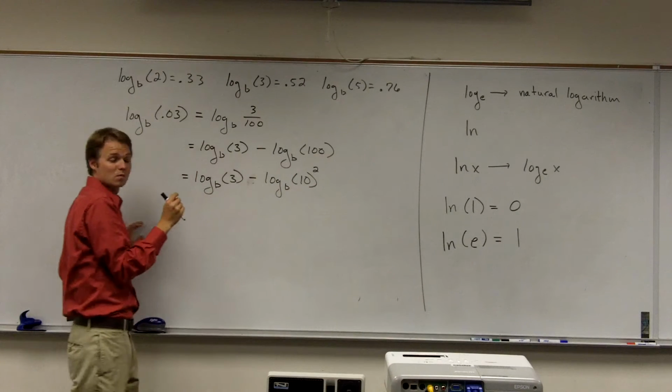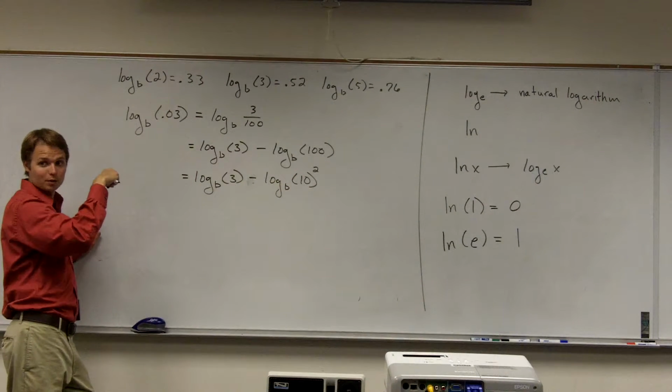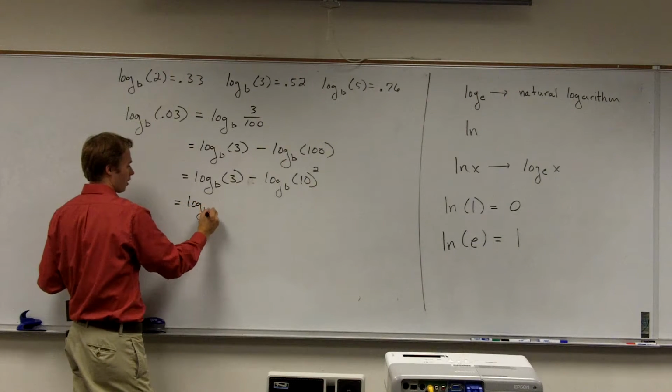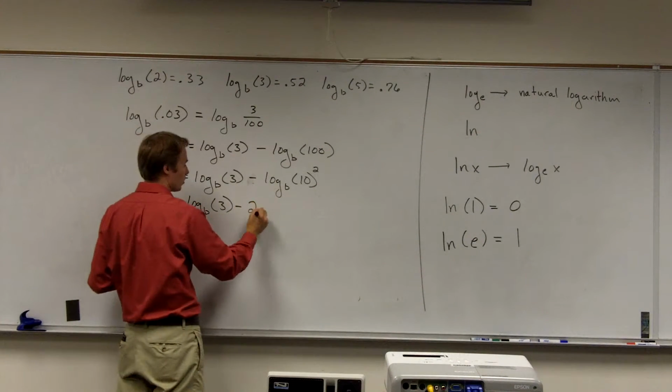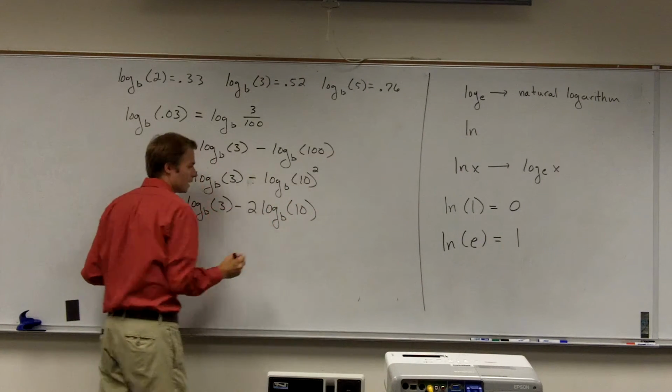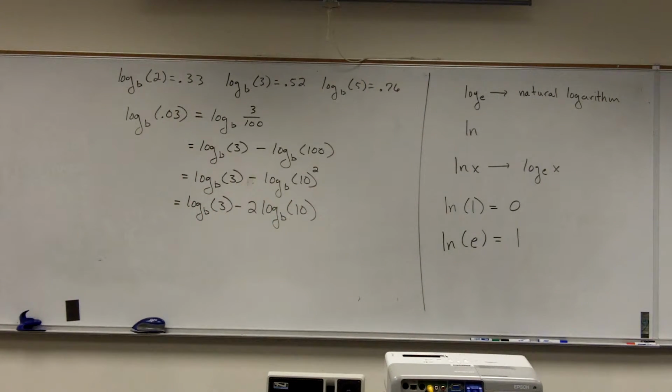Is that okay? And then I can bring down the 2. So minus 2 log base b of 10, because that's one of my rules. It says I can bring down an exponent.